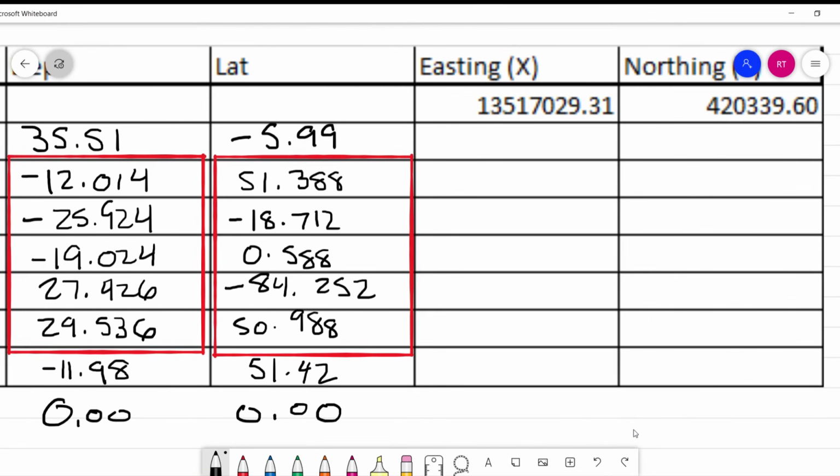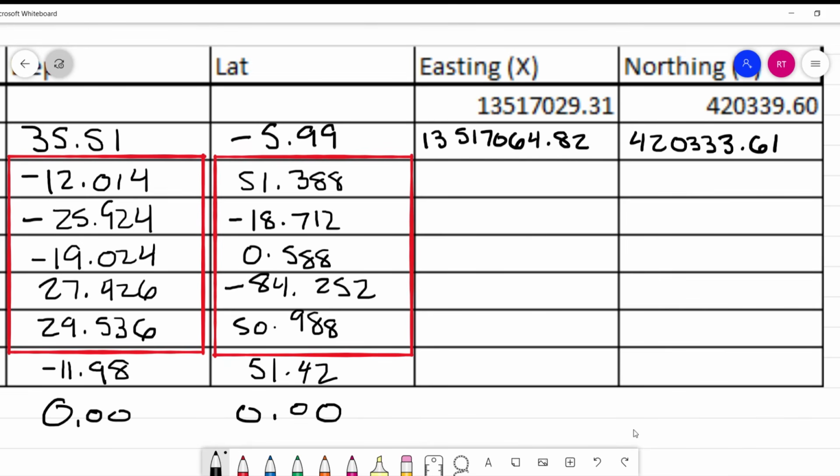So the easting plus the departure is 1351704.82. Taking the northing of the reference point and adding the latitude, which is a negative 5.99, I get 42033.61. Now I'm going to take the easting of pink and add the departure, which is a negative 12.014.